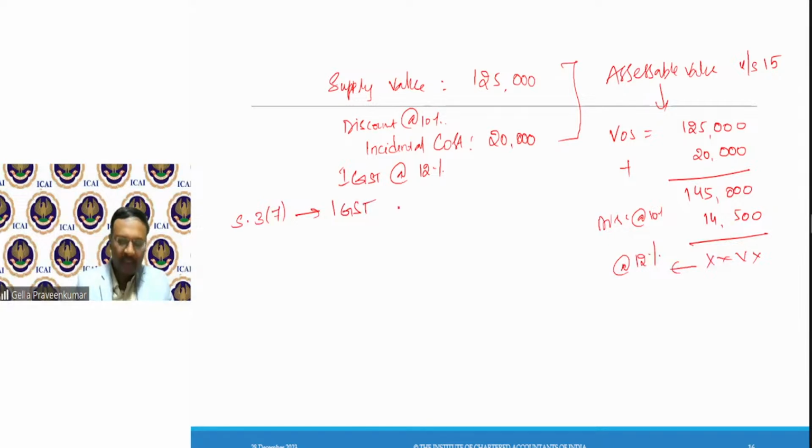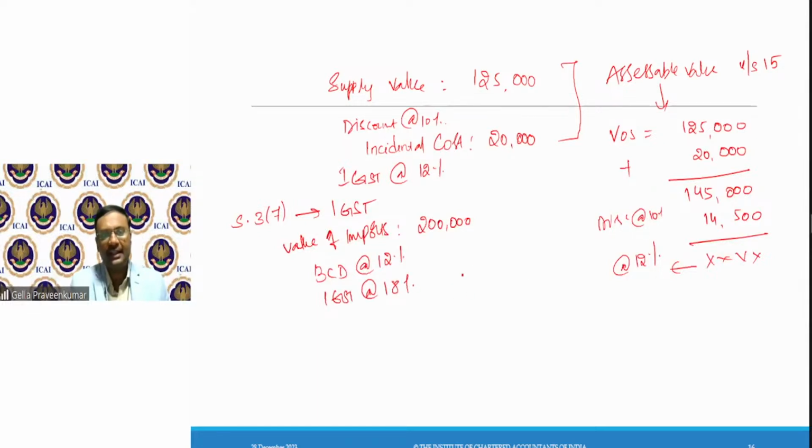So assuming that the value of imports is rupees, say 2 lakh, basic customs duty is at the rate of, say, 12%. And IGST applicable is at the rate of, say, 18%.